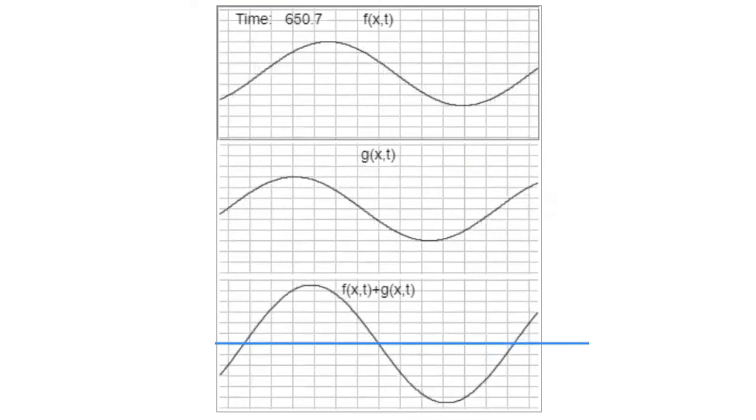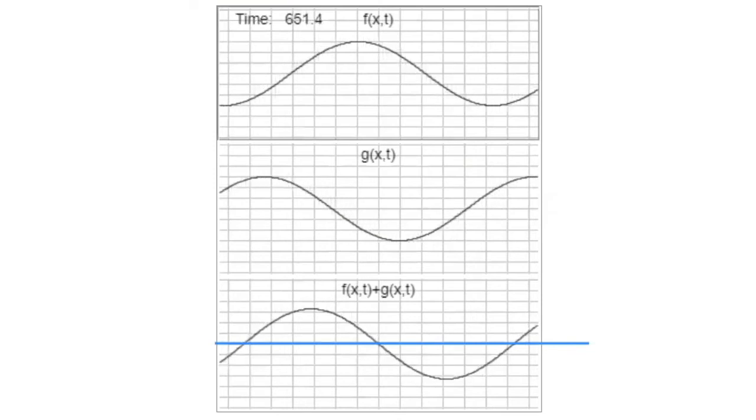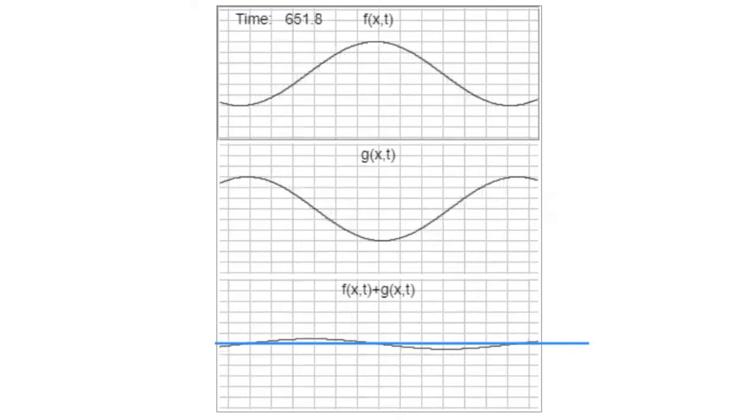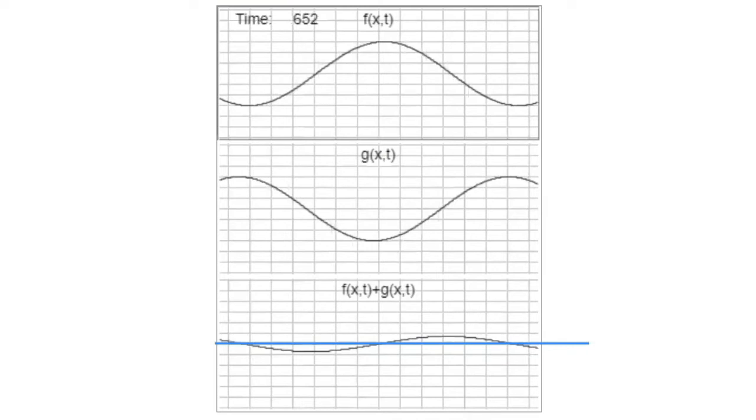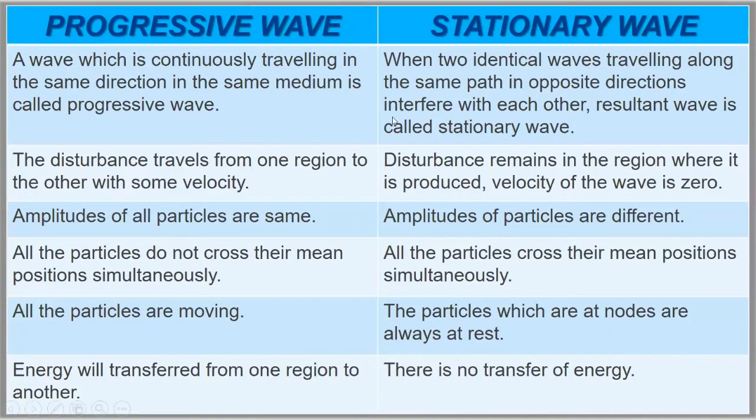After covering the maximum, they are again going to come back to their mean position, and at this time instant all the particles are at the mean position, and after some time they are going to cross their mean position simultaneously. We will say that in a progressive wave all the particles do not cross their mean position simultaneously, but in a stationary wave all the particles cross their mean position simultaneously.